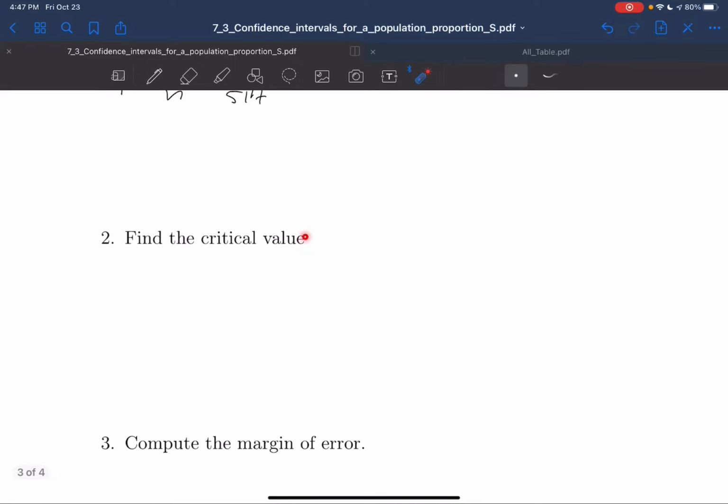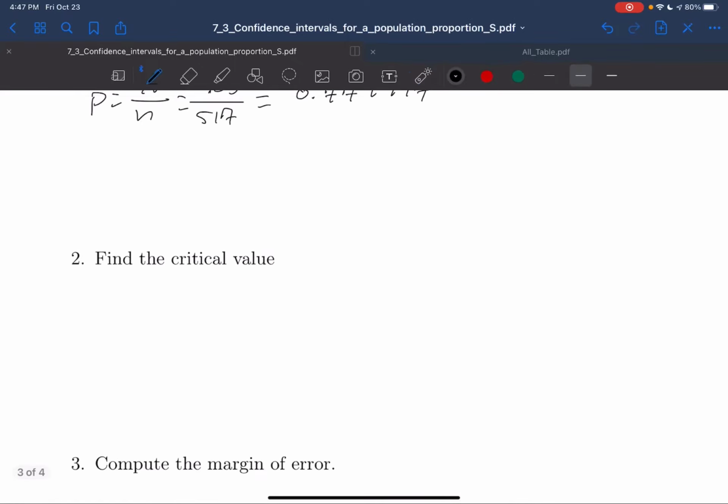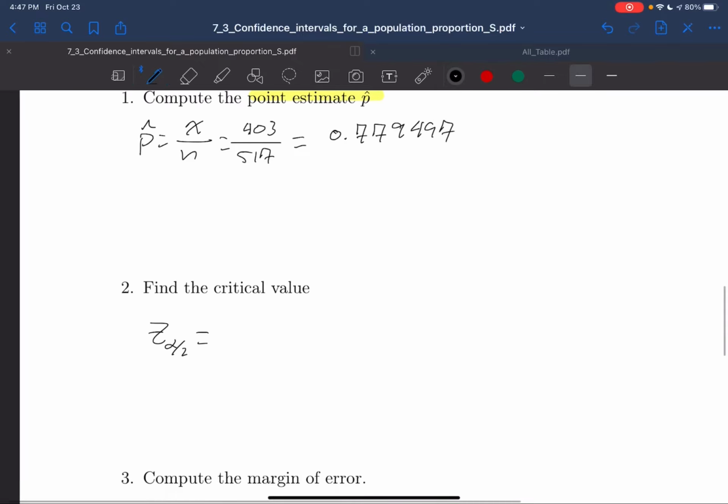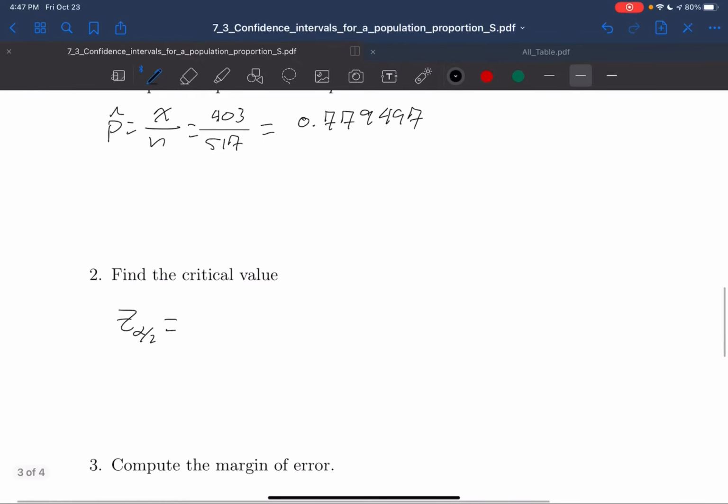Next, we want to find our critical value. In this case, we want to find our z of alpha over 2. And the great thing about this is that we can actually just look it up in our table.